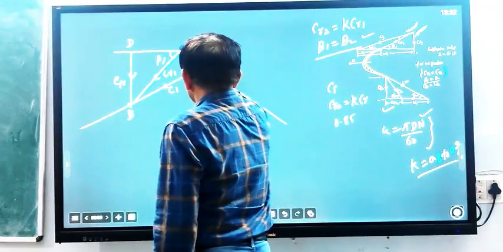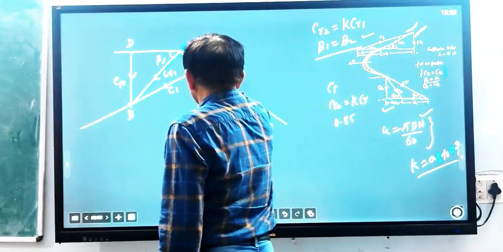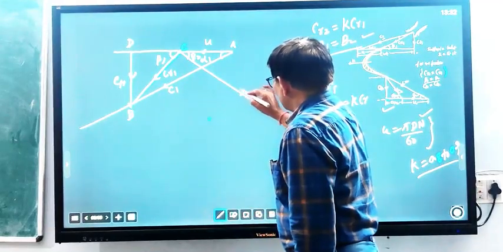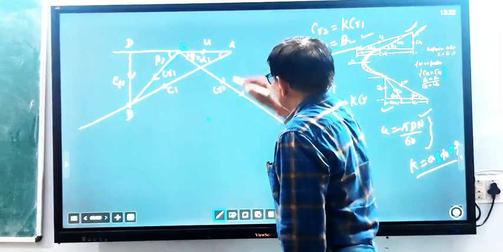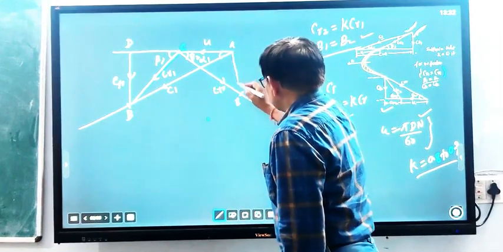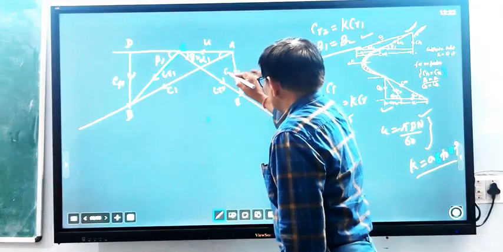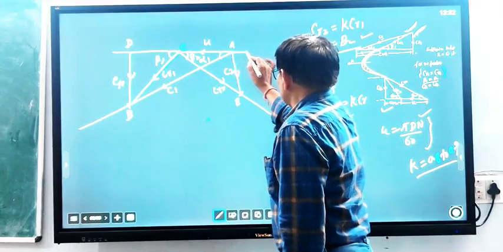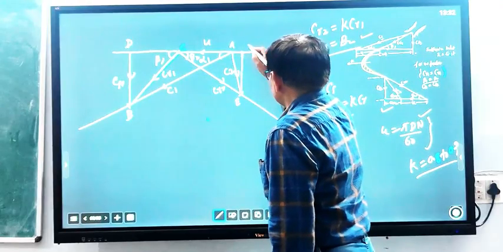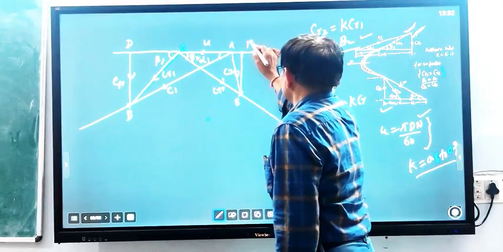This is beta 2, but beta 2 equals beta 1, and cut the value CR2 here. This is CR2, and join this line. This is E. Join this line, this one equals C2. Extend this value, draw a horizontal line and a vertical line. So this is F.